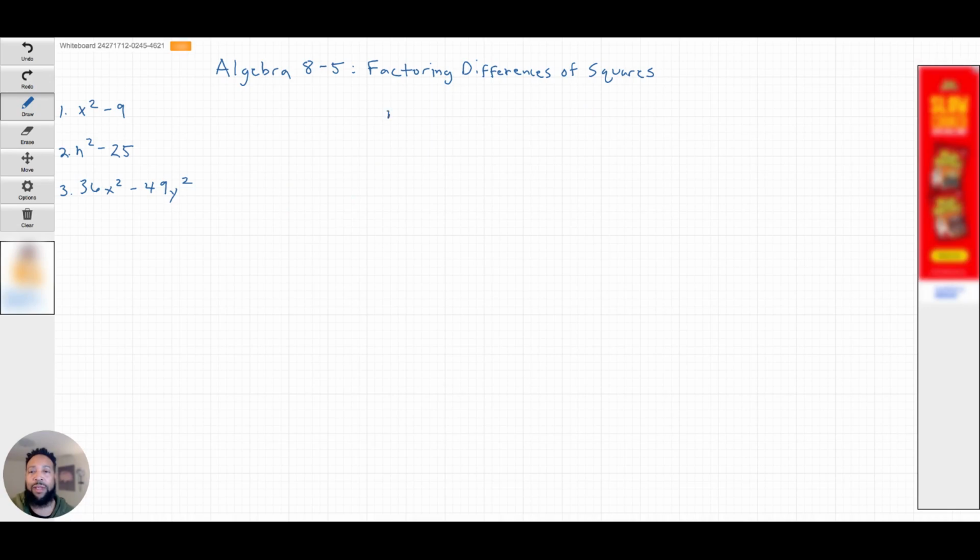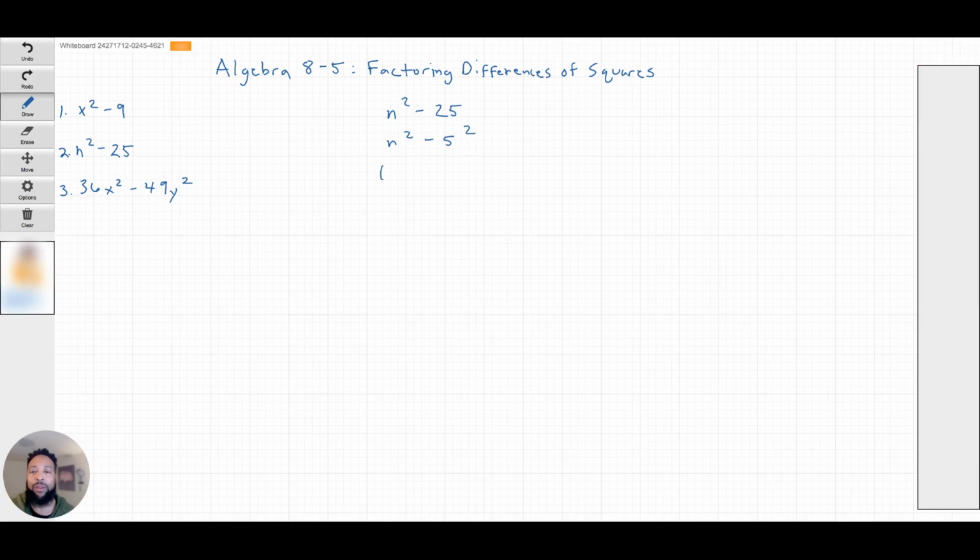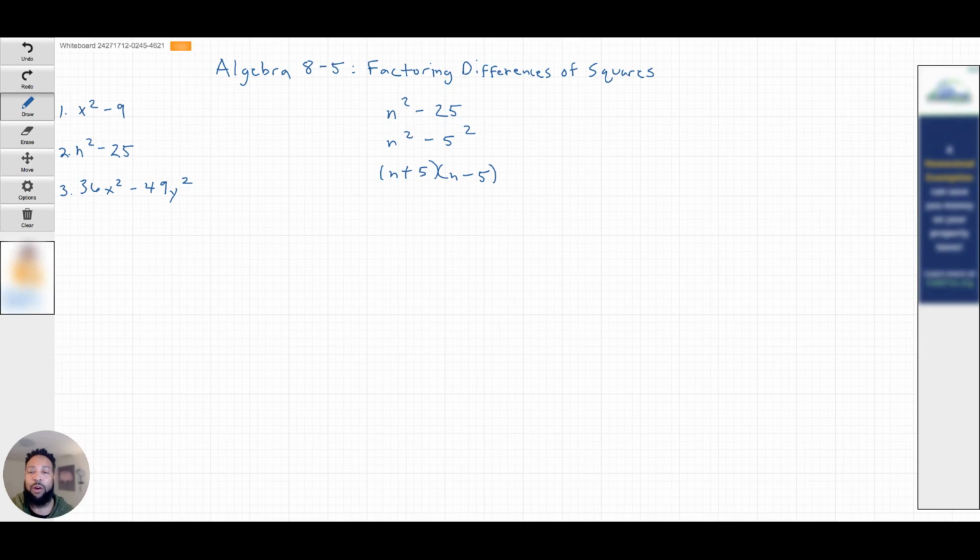Our next problem is n squared minus 25. We could also write that as n squared minus 5 squared. So going back to our previous example, we know when we're factoring differences of squares, this is pretty much going to be n plus 5, n minus 5. And we could go back and check it using the FOIL method. Our first variables are n times n, which is n squared.